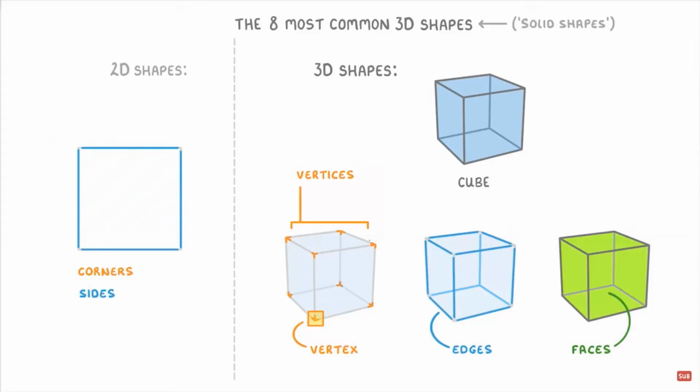Look at our cube. This has a total of 8 vertices, because it has 4 at the top and 4 at the bottom. 12 edges, because it has 4 at the top, 4 around the middle, and 4 at the bottom. And 6 faces.